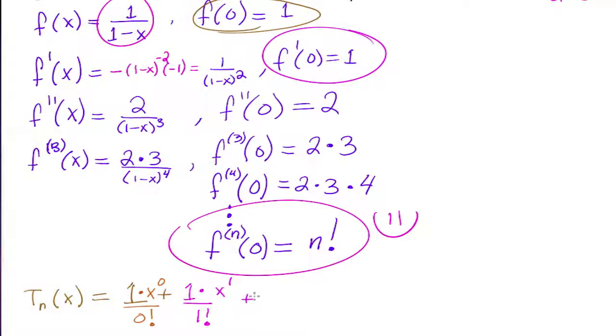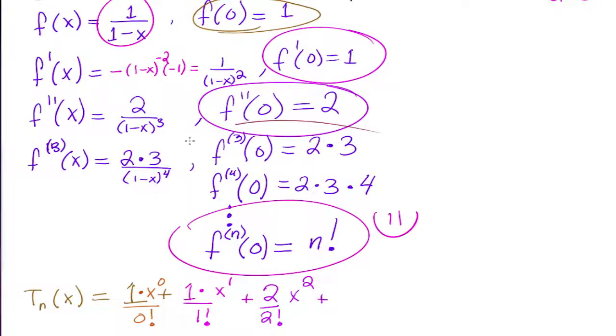And then plus the second derivative, which is 2 times x squared over 2 factorial. Let's do one more before we put our dots. So plus the third derivative, which is 2 times 3, x cubed over 3 factorial, right?